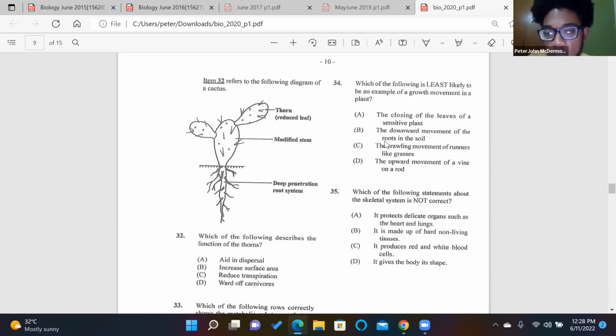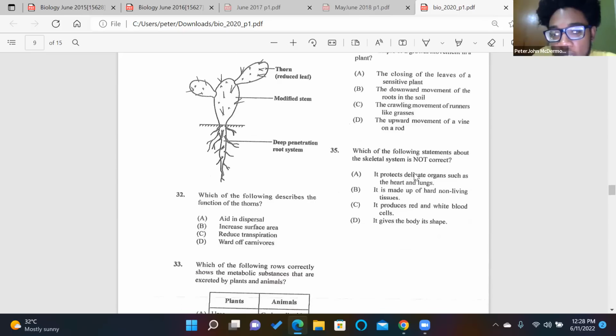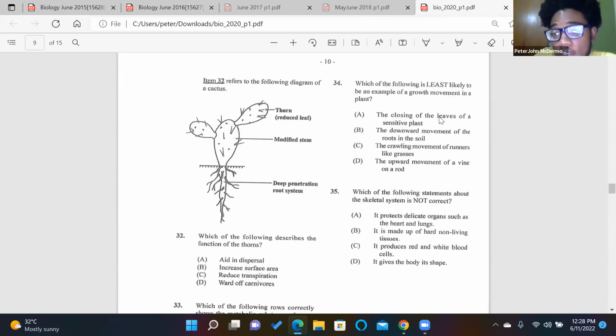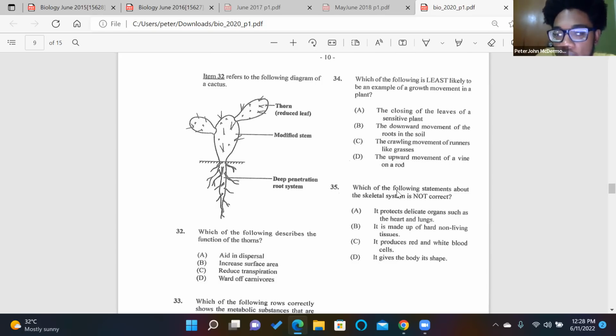A, B, C, or D? A. Oh, let's just go over that. Closing of leaves of a sensitive plant, that's of course reversible. Downward movement of the roots in the soil, that is growth. Crawling movement of runners like grasses, that is growth. Upward movement of a vine and a rod, that is growth.